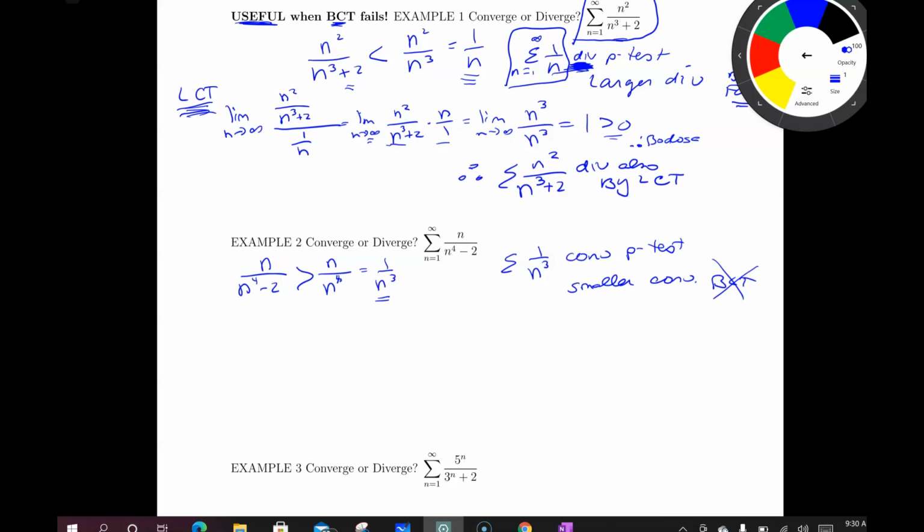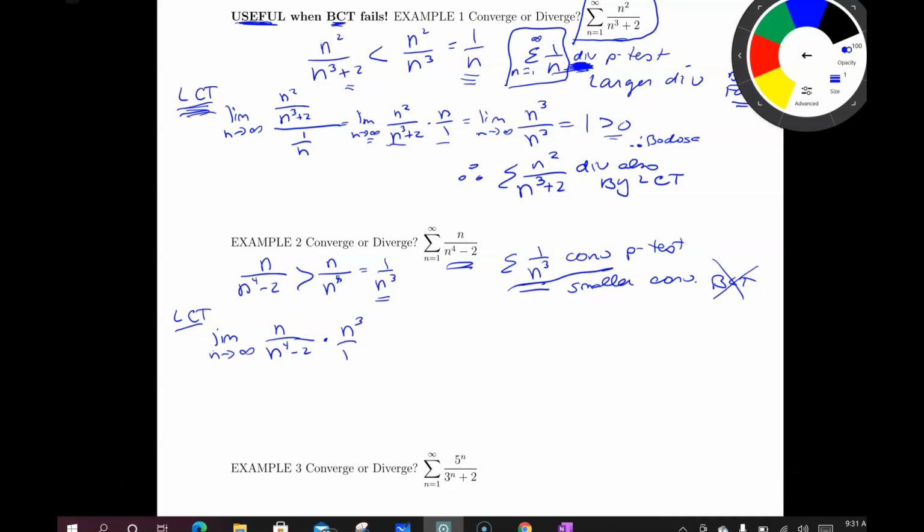Okay, so what am I ready to do? I'm ready to do the limit comparison test. I've got this one here, and I've got this one, right? So I'm going to take the limit as n goes to infinity of the original, and then divide it by this, which is the same thing as multiplying by this.